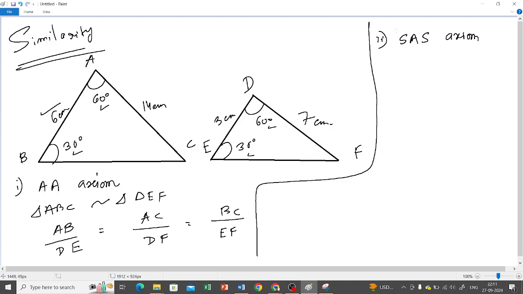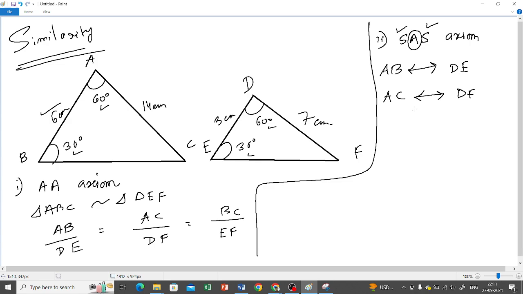As the name suggests, we need to find that two corresponding sides are proportional and the angle between them is equal. In this triangle, the corresponding side of AB is DE.